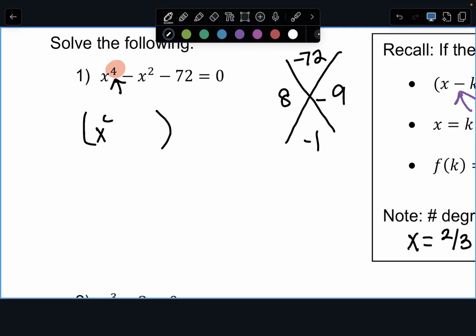So if you remember, that's when we start with our x squared instead of our x. We take that exponent and we divide it by 2. If you don't remember that, we could also rewrite our middle term and regroup. Same thing. But x squared plus 8 and x squared minus 9. We can also regroup and you'll get the same thing.